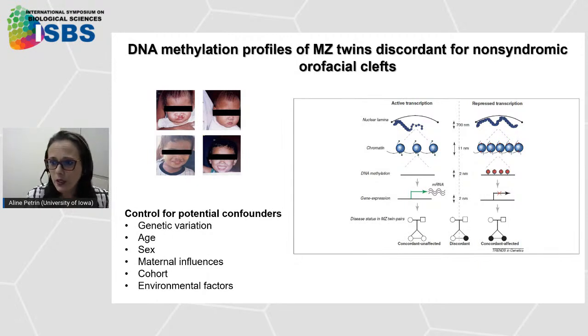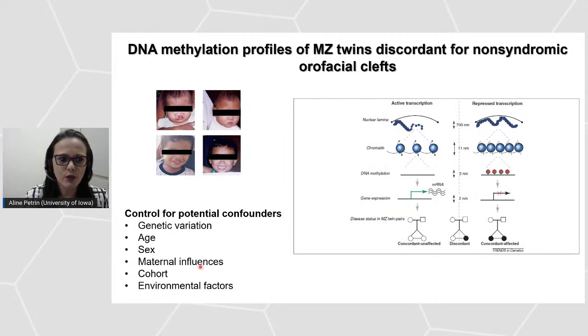By using monozygotic twins, we can control for potential confounders because they're genetically identical. They have the same age, the same sex, they've been through the same pregnancy, and during development when clefting is happening, they've been exposed to the same environmental factors.